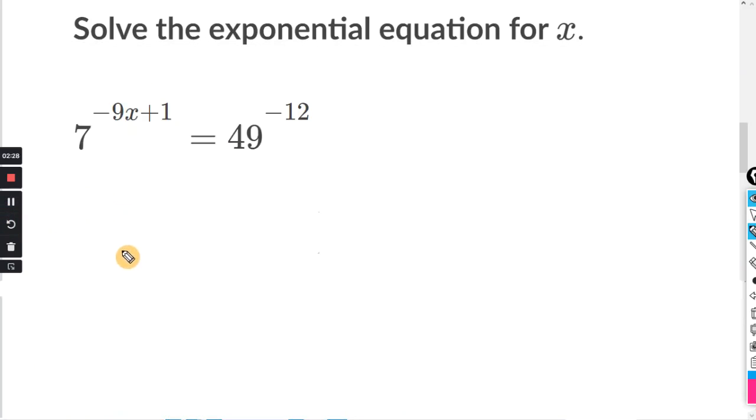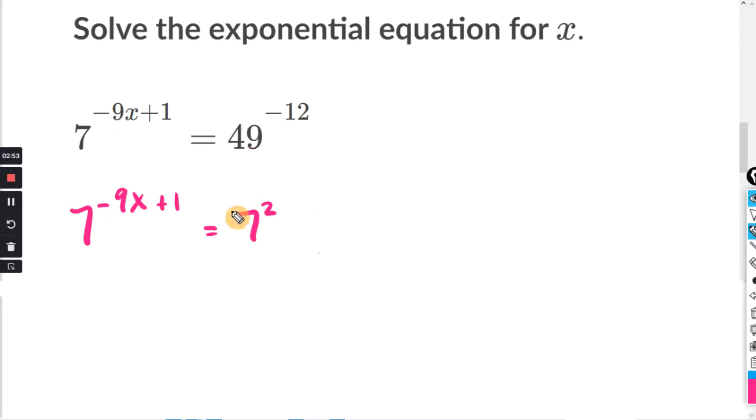Okay, so again, they want us to solve for x, and again, the goal is to get the base numbers to match. So I know 49 is the same as 7 squared, so I'm going to keep the 7, and that is to the power of 9x plus 1. And in place of 49, I am going to substitute 7 squared.